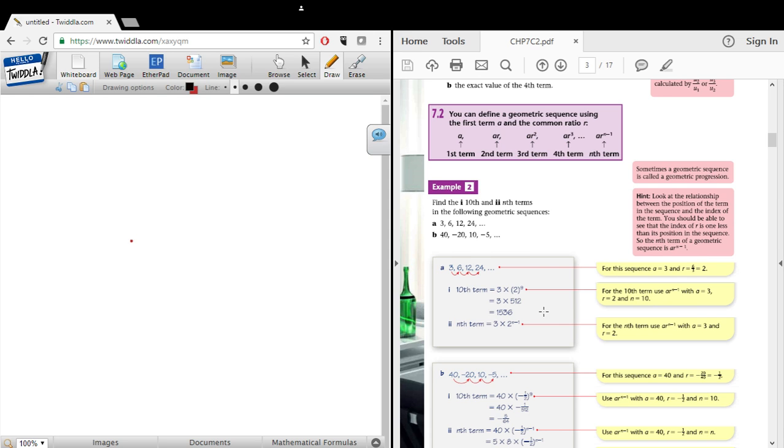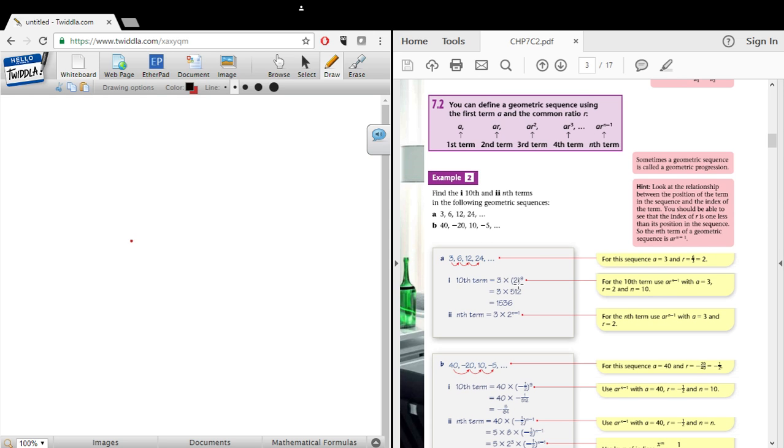So you can see that first of all we have a first term in this particular question, which is 3, and in this one here, which is 40. Then, as we showed with the early calculations, if we divide 6 by 3, or 12 by 6, and 24 by 12, we can see there's a common ratio of 2.